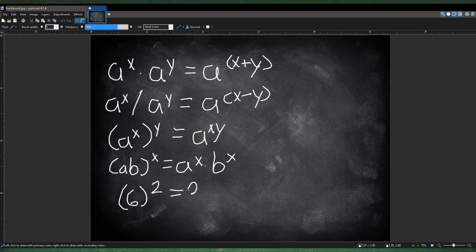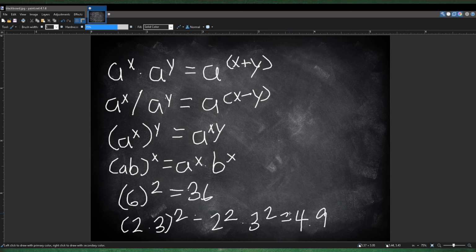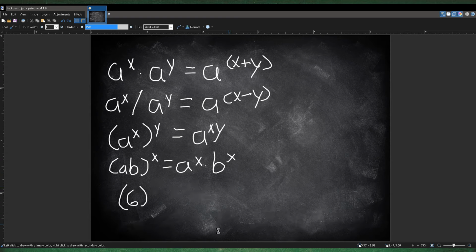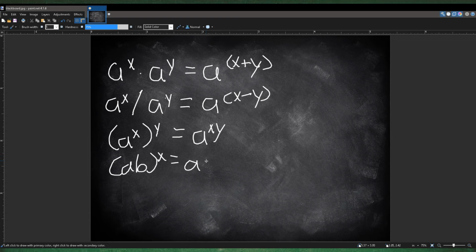That's equal to 36. 6 can be made into 2 times 3 to the power of 2, which is the same thing as 2 times 2 times 3 times 3, which is 4 times 9, so that equals 36. So this property is true. These are all just laws of exponents that you have to learn. Sorry, a times b to the x is equal to a to the x times b to the x. Okay.